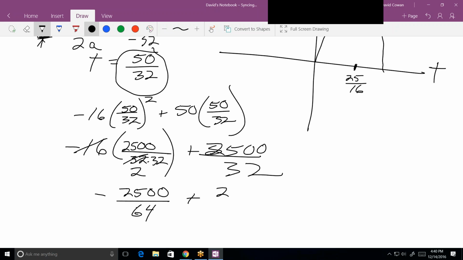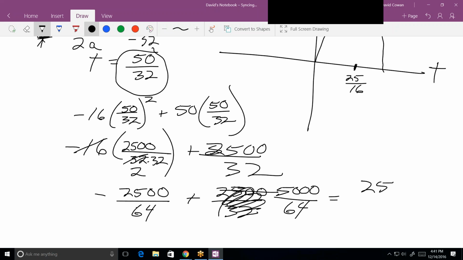plus 2,500 over 32. How do we add those two fractions? We just multiply the right side by 2 over 2. So we end up with 5,000 over 64. Now we can add the two fractions, and when you add them together, you get 2,500 over 64.